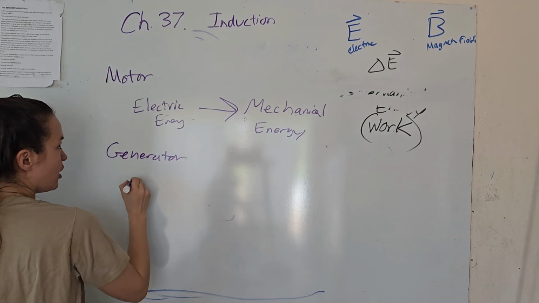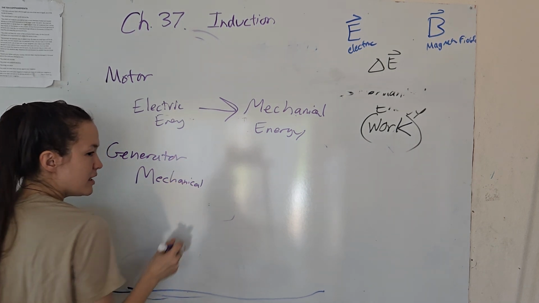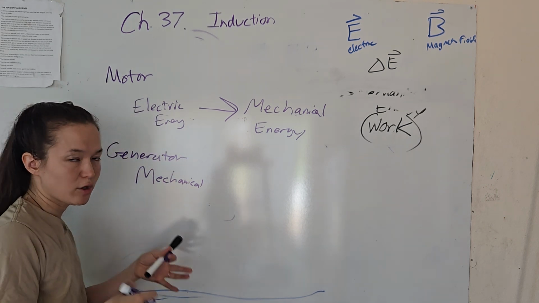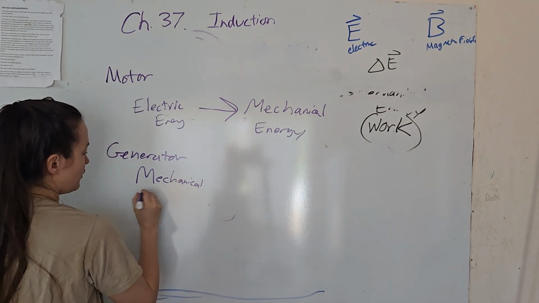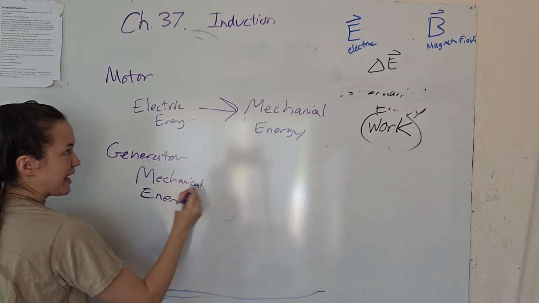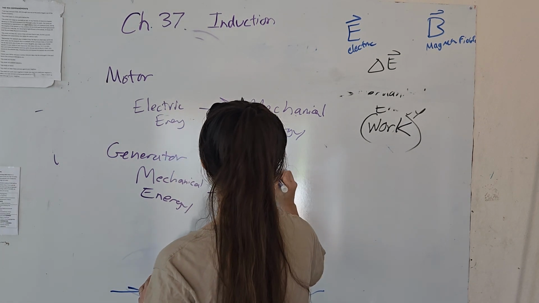A generator is all about turning mechanical energy, whether that's your little brother pumping something with his feet, or you're boiling the water and the steam is forcing the turbine to move. So a generator turns mechanical energy into electric energy.